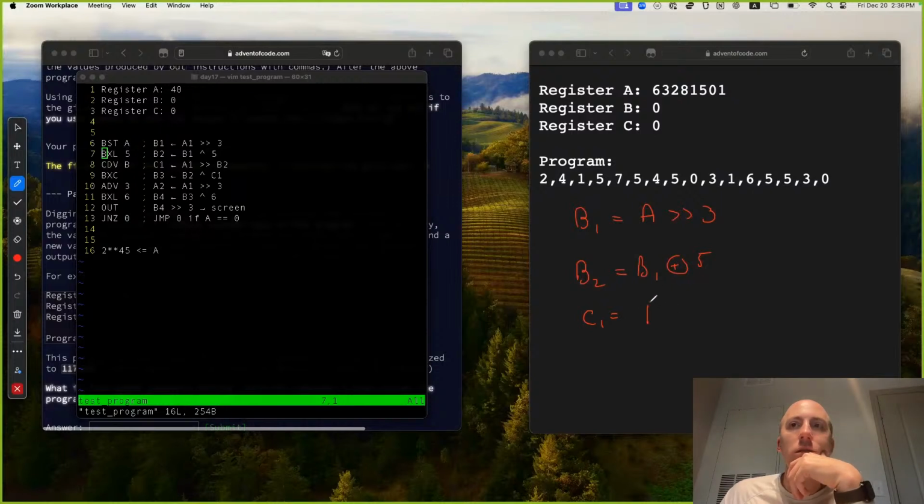C1 is equal to A divided by 2 to the B2. Six.